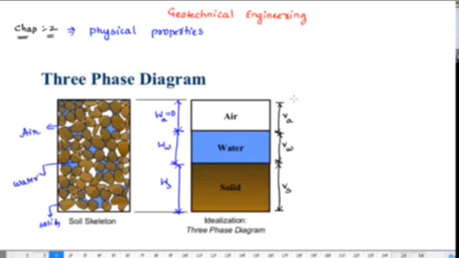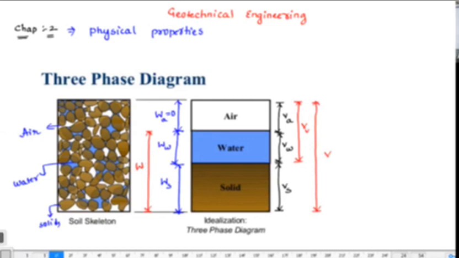This is the total volume, this is the volume of voids, and here is the total volume. Similarly, the total weight is WW plus WS. By using this phase system, we have defined all the things in the physical properties.